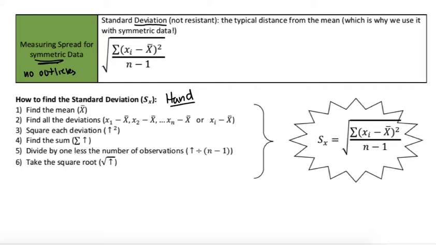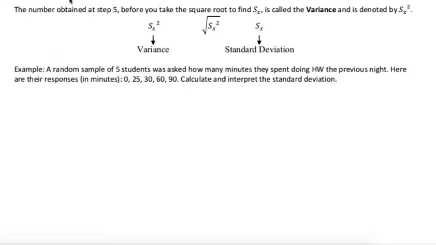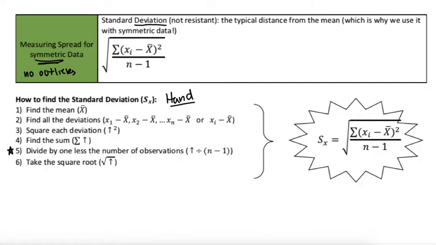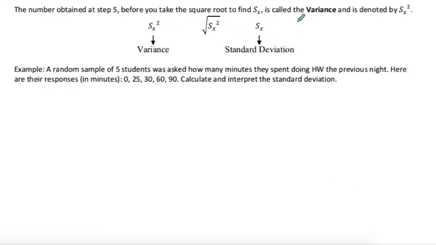We can do this by hand, but I'll also show you how to do it on your calculator. Another measurement here: if we get to step 5 before we take the square root, we can look at something called the variance.